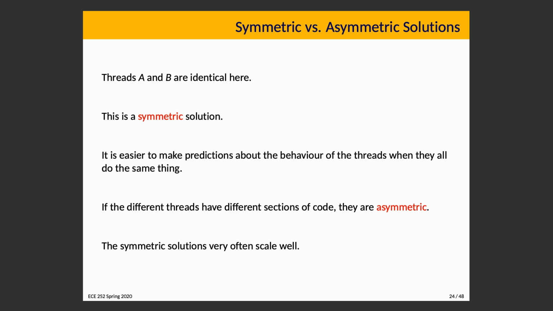Symmetric solutions are good because they scale pretty well. You can have arbitrarily many threads executing the same pattern as long as they all do the correct things. They wait when they are supposed to wait and post when they are supposed to post. Then nothing really goes wrong, and we're certain that mutual exclusion is enforced.